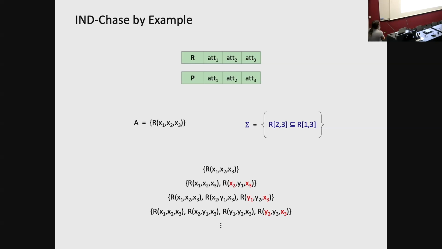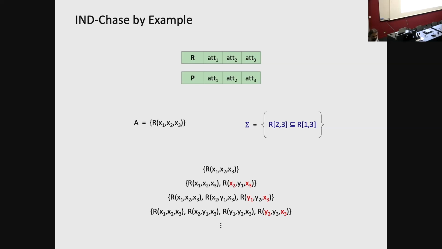Now, the point is, as we said, we need to build this representative. I think this is exactly the same question as Floris asked before for functional dependencies. The goal here is not just to build the set of atoms that satisfies the constraints, but it should be this representative set of atoms, which can be homomorphically embedded into every other set that satisfies the constraints. So if you start doing that, I don't think that you can build this representative.